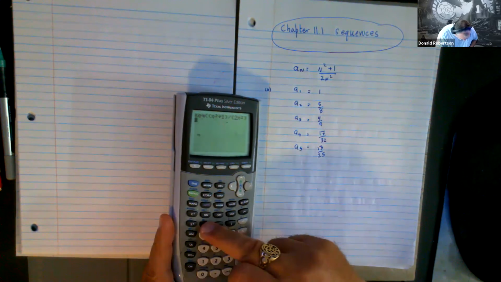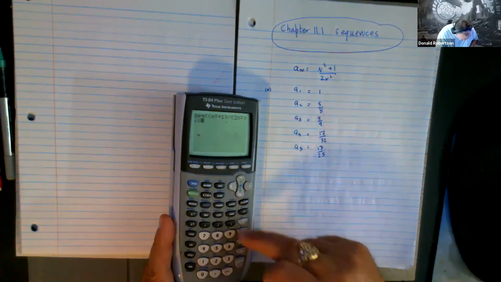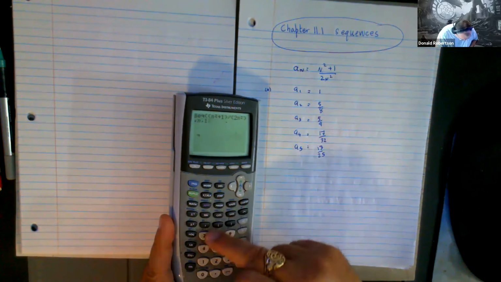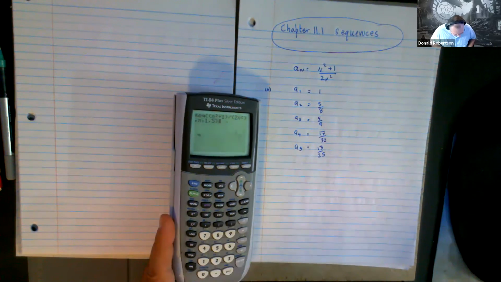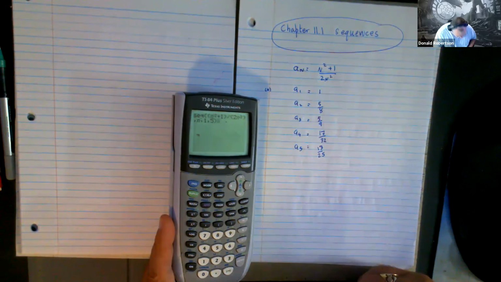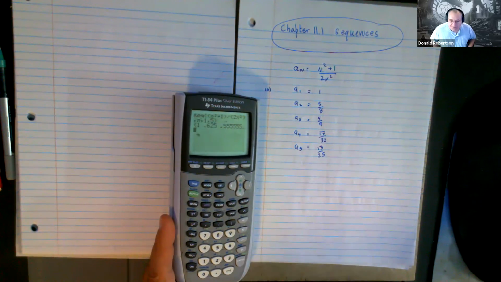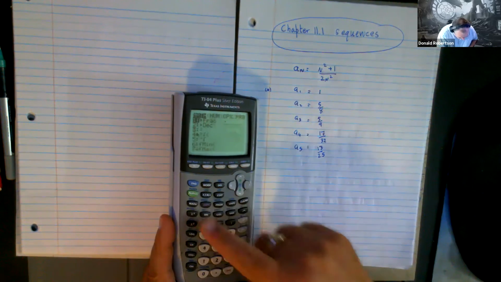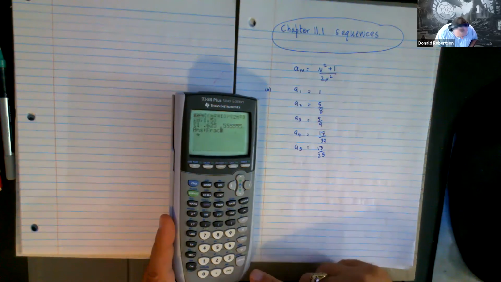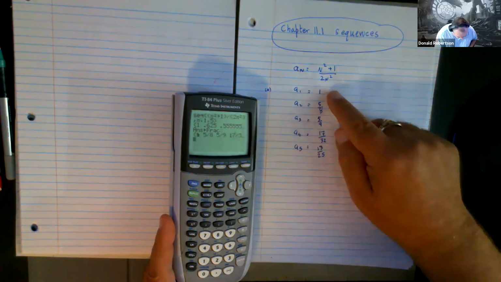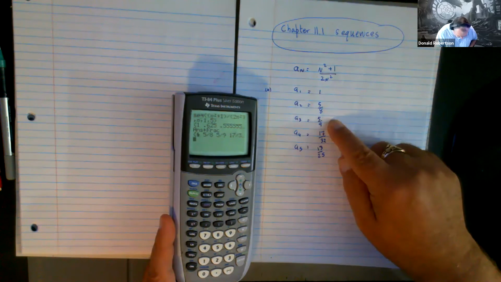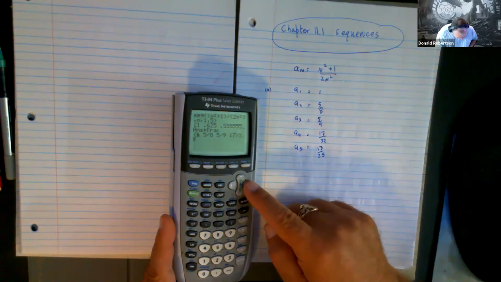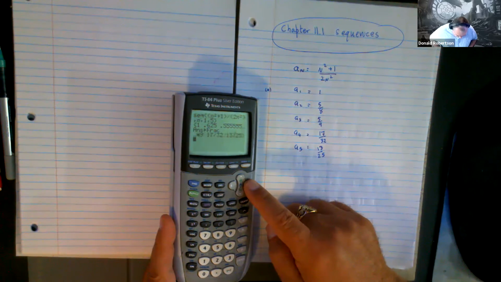Then you go comma, n, comma 1, comma 5, and with a bit of luck, and I didn't get my bracket screwed up, we get them. And they are not fractions, but if you hit math button, option 1, it turns your answers into fractions. 1, 5/8, 5/9. Hit the scroll over, 17/32. Hit the scroll over, 13/25.